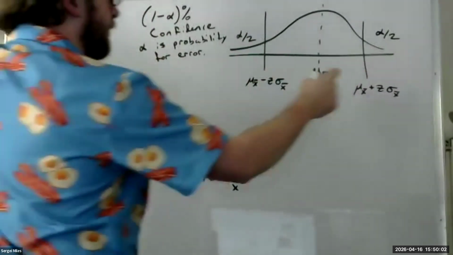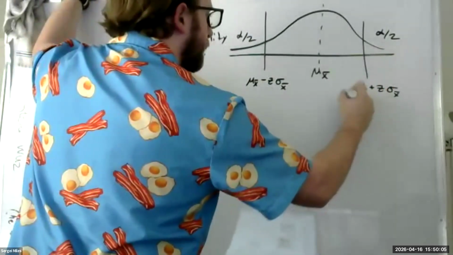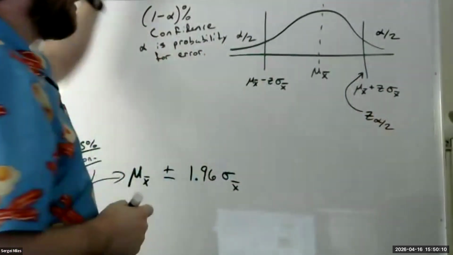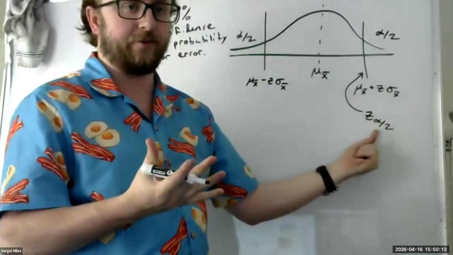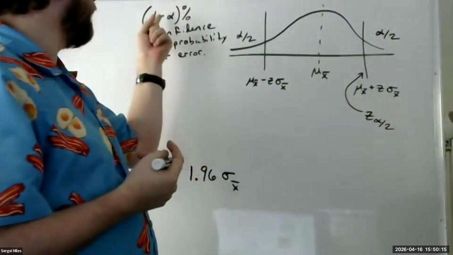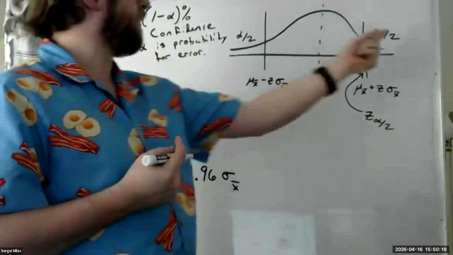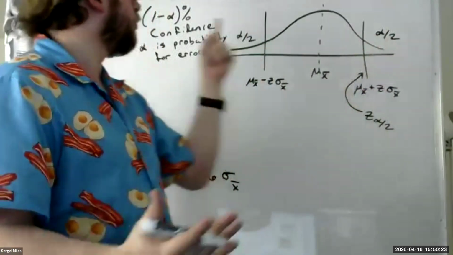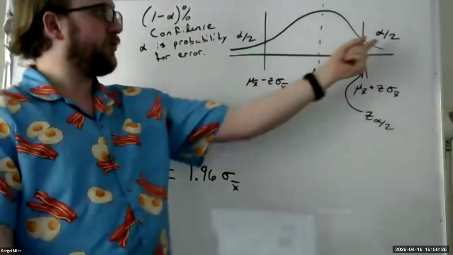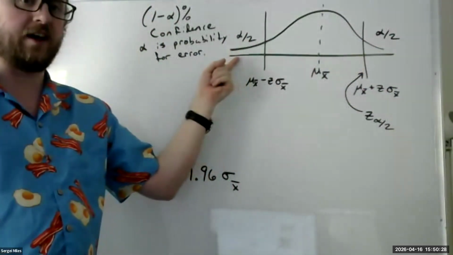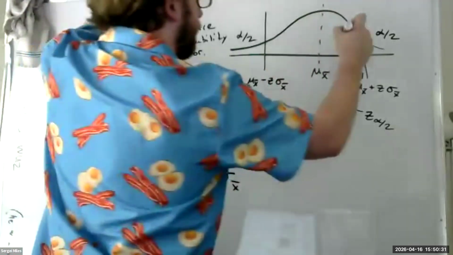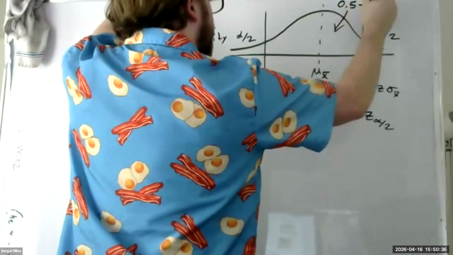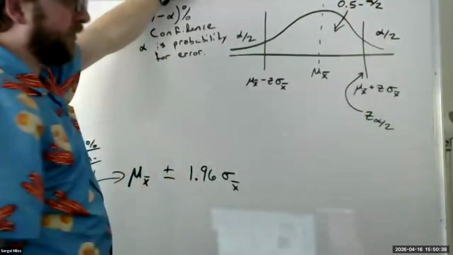So then whatever my z is, let's call it z alpha over 2, this z is determined by the alpha. If I have 5%, or sorry, 2.5% is supposed to be over here. When we had 95% confidence, 2.5 was to the right, 2.5 was to the left. And so this region here is supposed to be 0.5 minus whatever half of that alpha is.